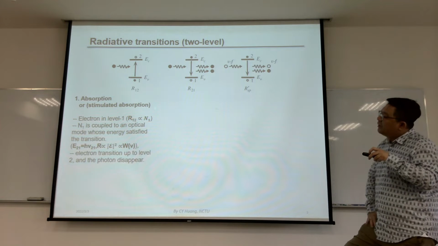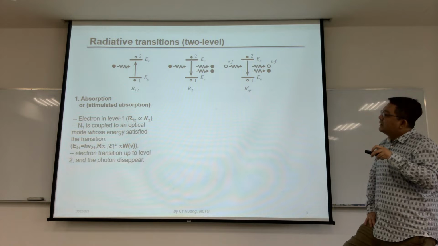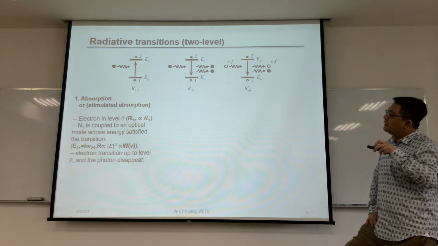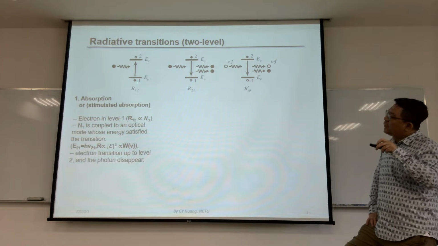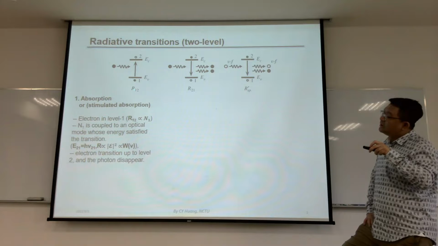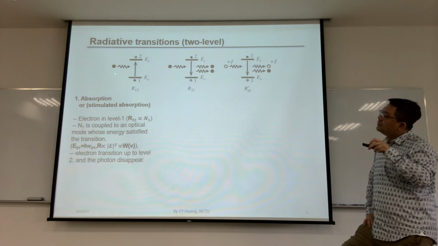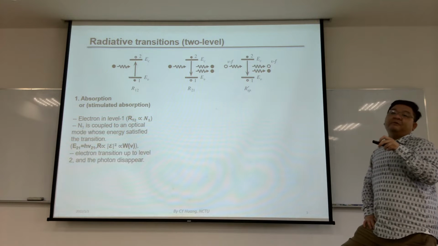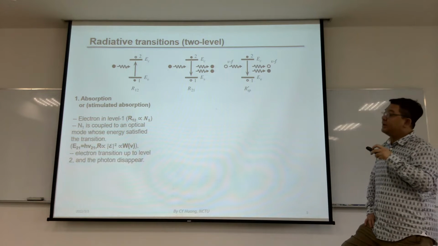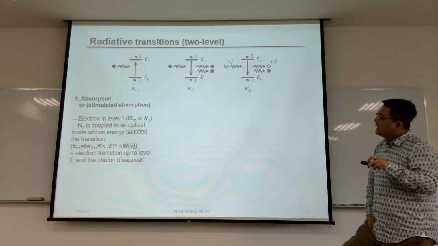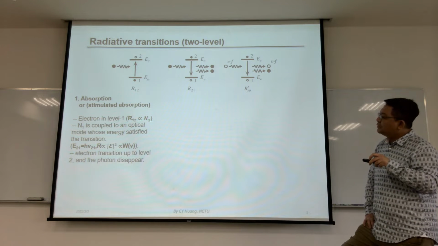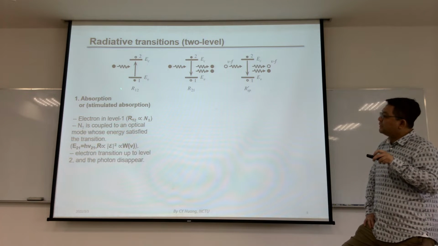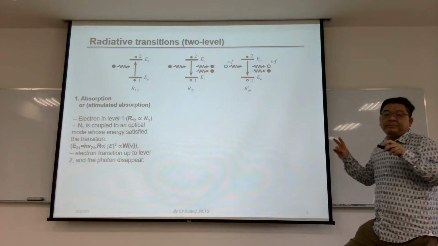So the overall rate should be written like this. The transition rate of the electron from level 1 to level 2, which we denote R12, should be proportional to the number of carriers in the lower level, N1. Also, R12 should be proportional to the number of photons.